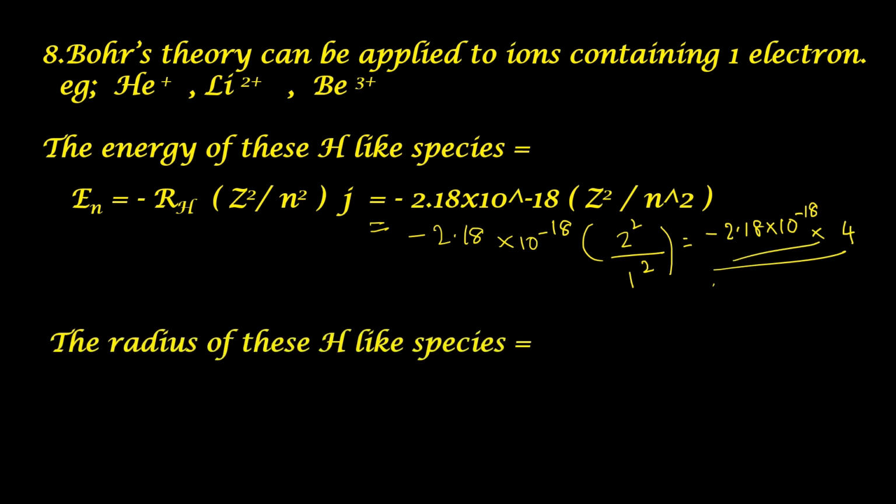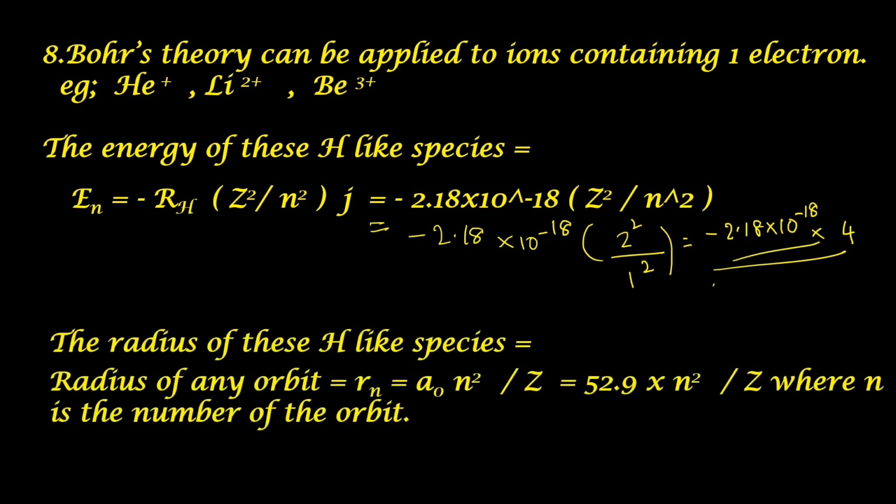Similarly, the radius of these hydrogen-like species also can be calculated using a formula. Radius of any orbit of these hydrogen-like species, Rn, is equal to a naught into n raised to 2 by Z. A naught, you know, is the Bohr radius, that is the radius of the first orbit. n is the number of the orbit and Z is the atomic number.